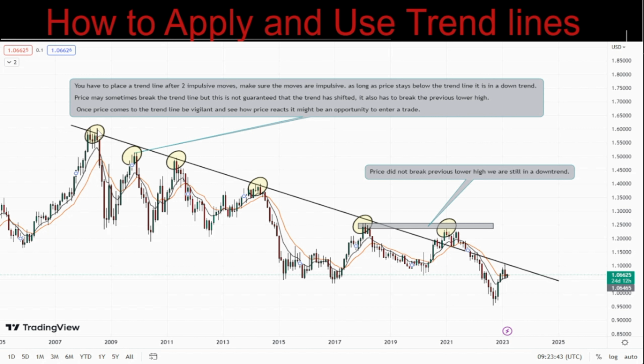The green and red things that you see here are the bodies of the candle, and this long stick here is the wick of the candle. So make sure you apply the trend line on the wicks of the impulsive moves, or the wicks of the candlesticks that are at the top of the impulsive moves.